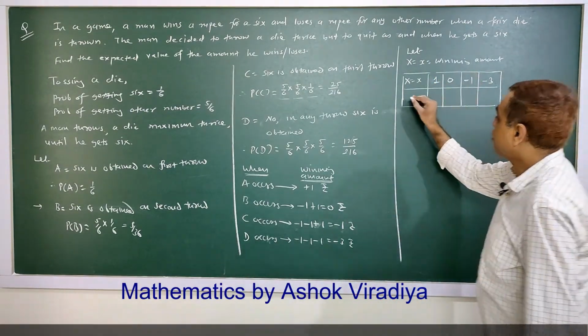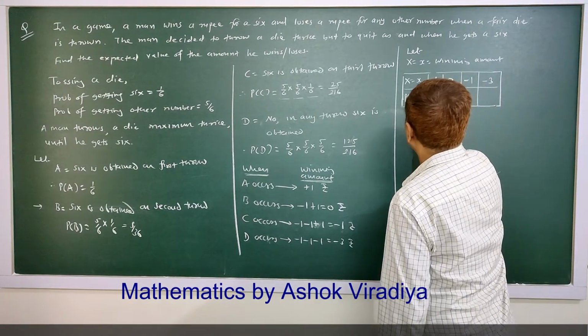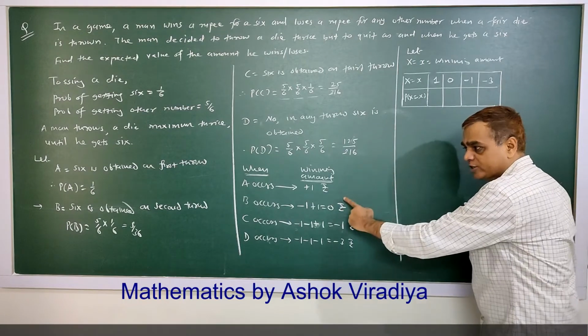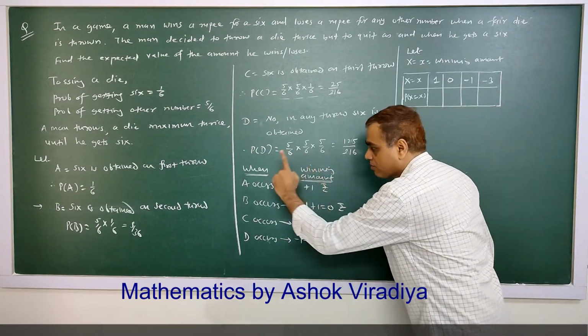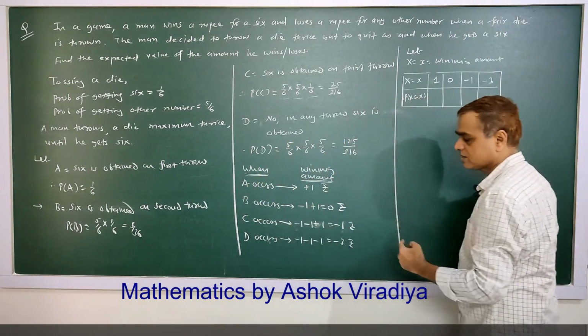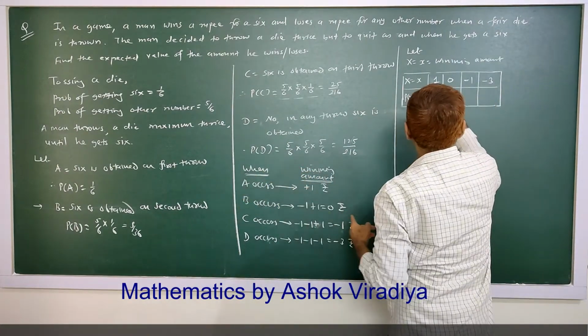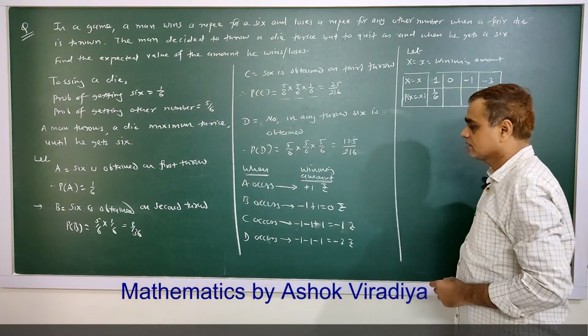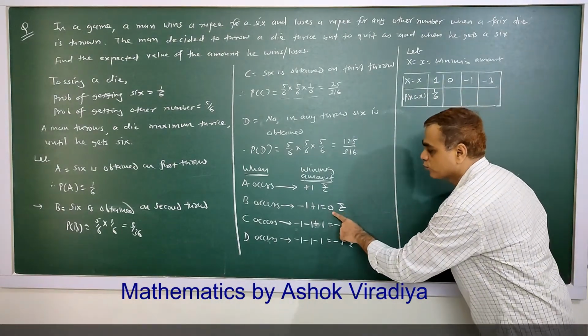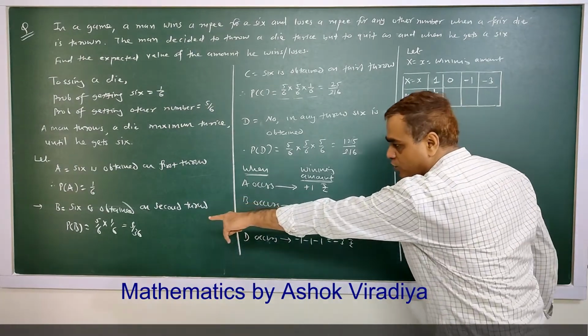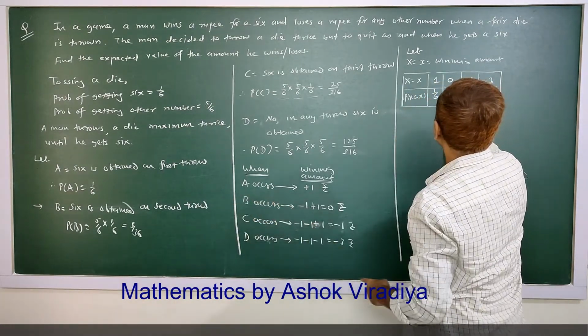Now probability of winning amount 1 rupee is equivalent to probability of event A. So probability of 1 equal to probability of A, it is 1 by 6. Probability of getting 0 rupees is equal to probability of occurrence of event B, and probability of event B is 5 by 36.